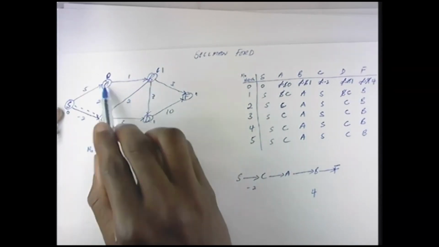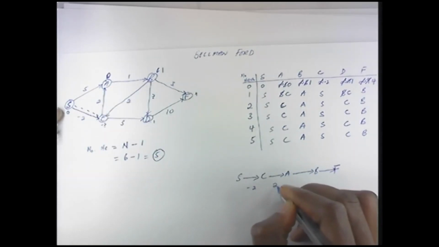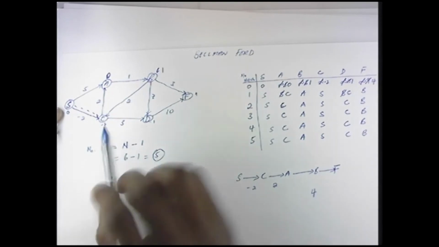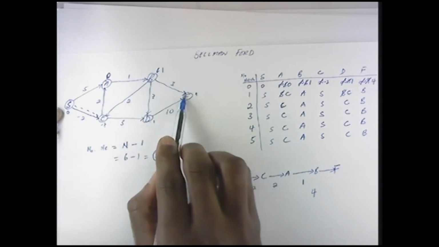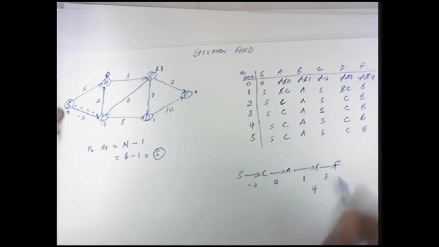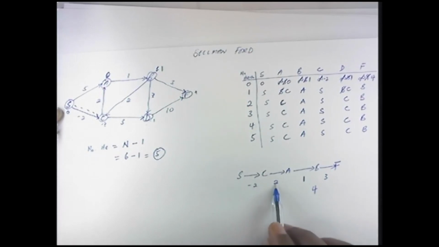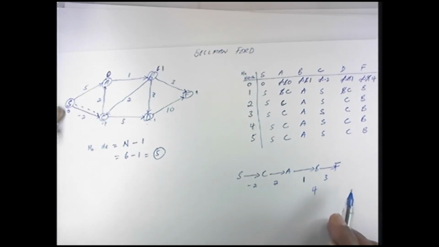Oh, C to A is this. So that is 2. Then A to B is 1. Then B to F is 3. And this should give us -2 plus this is 0, plus 1 is 1, plus 3 is 4.